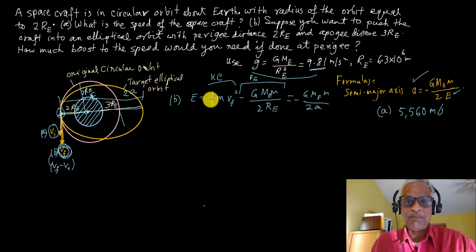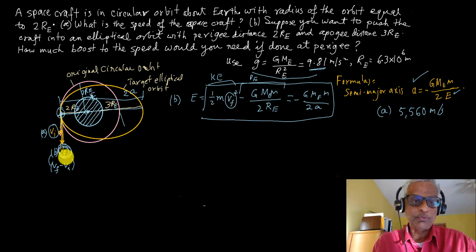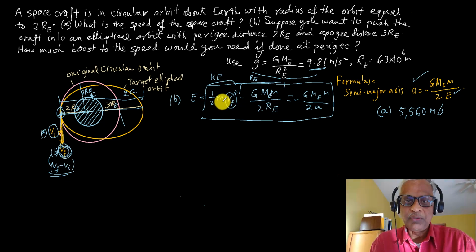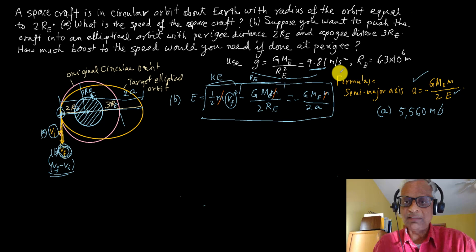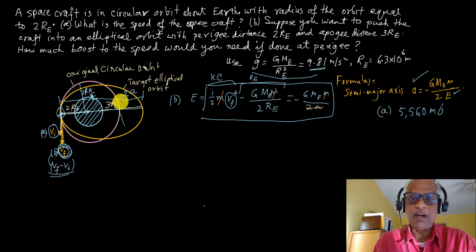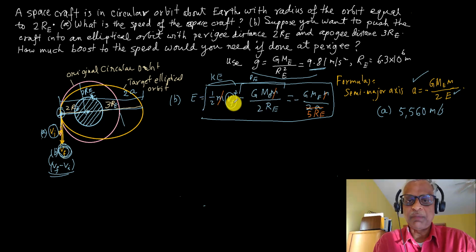So we got this equation and we need to figure out vf so we can see what boost is needed. You can notice a couple of things in this equation. m goes away from every term, so I don't need to know the mass of the satellite. This thing is 5 Re, and this term is going to combine. Let's multiply by 2 while we're at it. The 2 goes away from here and ends up here.